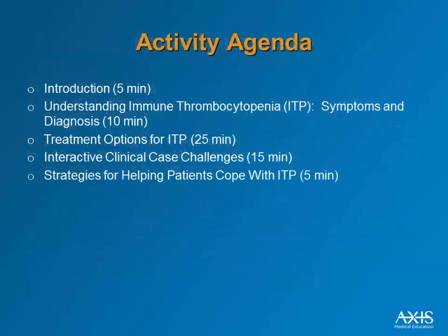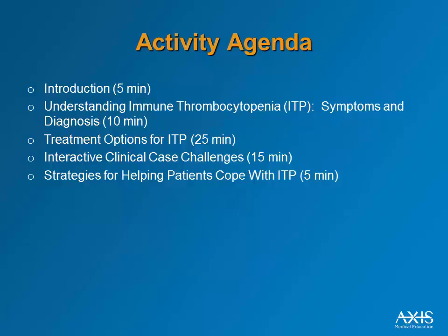In the overall program, we're going to have a short introduction, most of which we've covered. We're going to be talking about understanding immune thrombocytopenia, or ITP, particularly symptoms and diagnosis. We're going to review different treatment options. We're going to have some interactive clinical case challenges to go over with the audience.